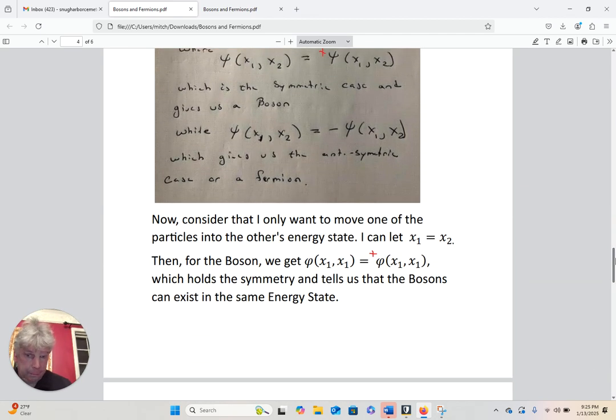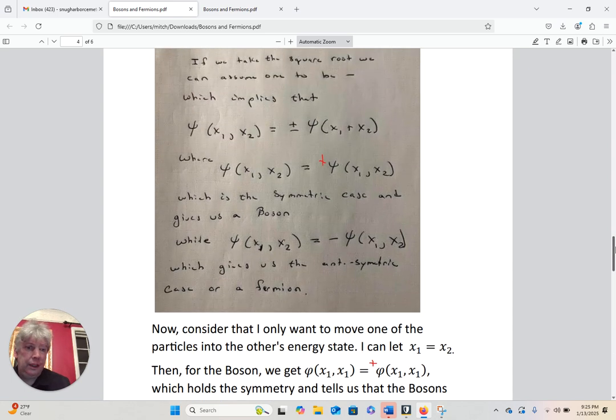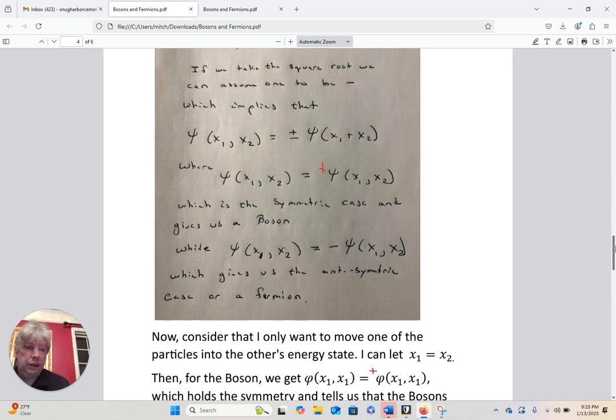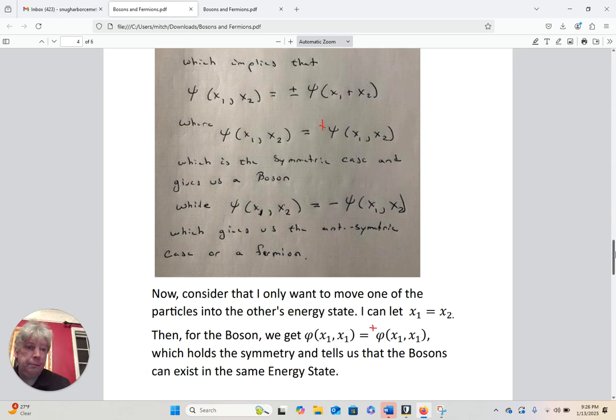Let me go back for a second, because I'm not sure I stated this. I did state that the symmetric case gives me a boson, but I want to make sure I stated that the antisymmetric case gives us a fermion. So phi of x1, x2 is equal to negative phi of x2, x1. That's the case of the fermion.